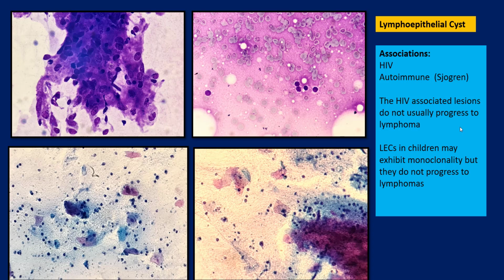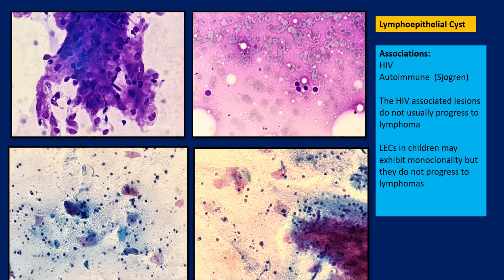Right. So as far as lymphoepithelial cysts are concerned, now we are moving on to the cystic lesions. The associations could be with HIV and Sjogren's. The HIV-associated lesions do not usually progress to lymphomas. The Sjogren-associated lesion does. And the lymphoepithelial cysts in children may exhibit monoclonality, but they do not progress to lymphoma.